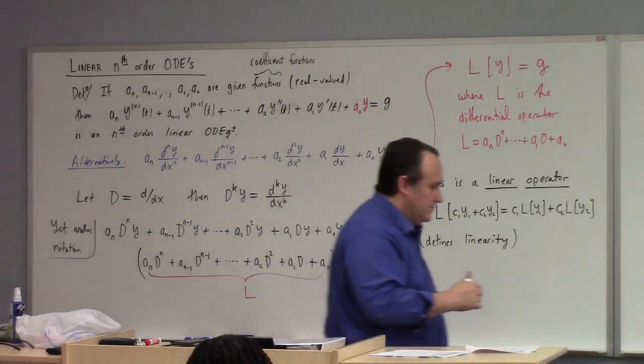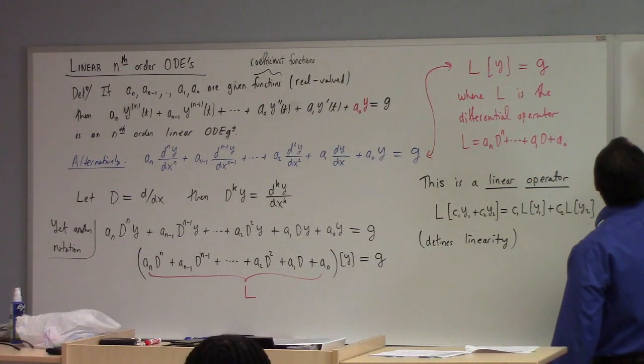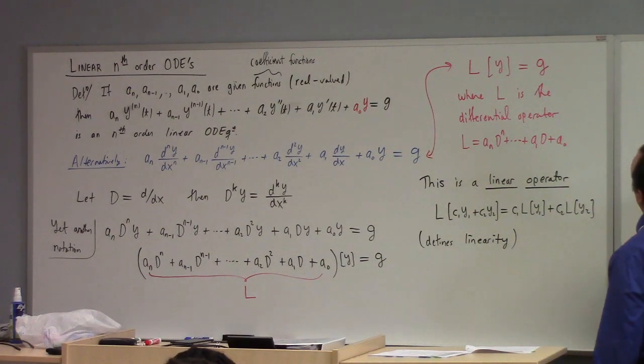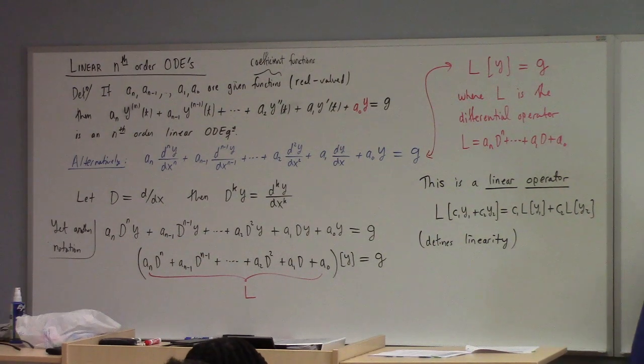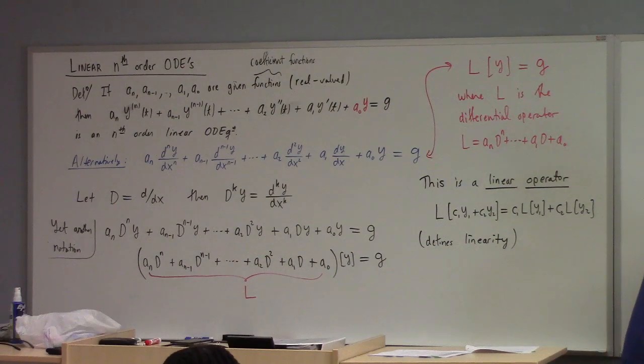So I guess an elementary theorem I probably could do right now before we do anything else is that if we had L of y1 equals 0 and L of y2 is equal to 0, then L of C1y1 plus C2y2 is equal to C1 L of y1 plus C2 L of y2, which is what? 0, right?